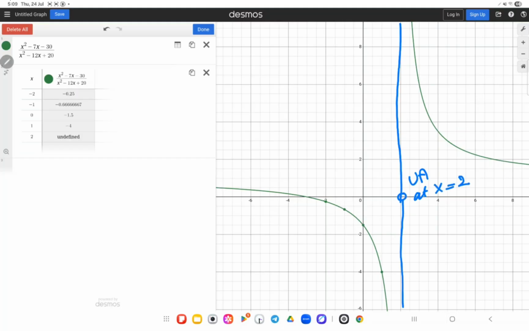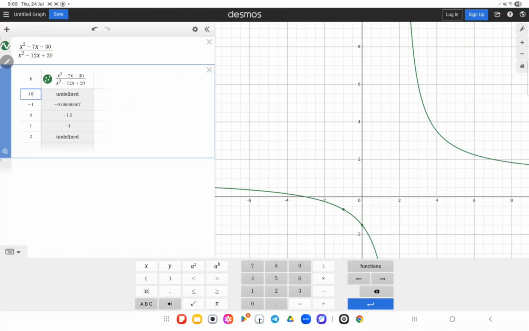Okay, this is 2. But let's go on to what we canceled. We canceled x of 10. Let's see if our function is defined or not at that point. So now, as you can see, when I write x is equal to 10, I also get undefined because we removed it.